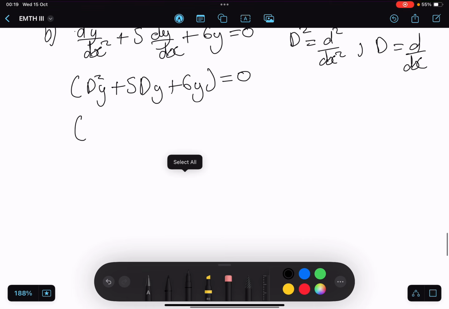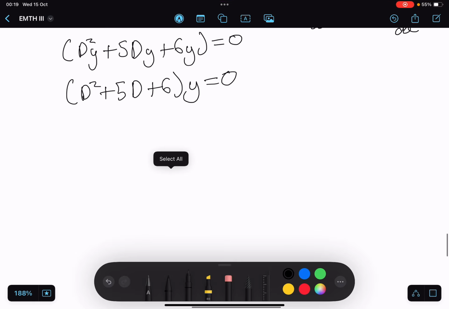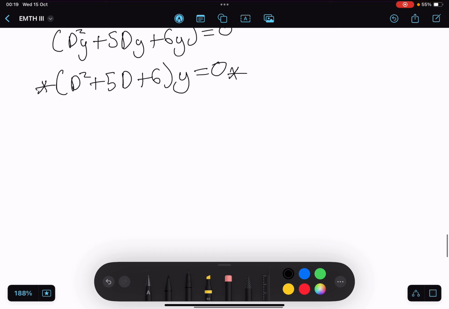And then if we factor out y, we are going to have (D² plus 5D plus 6)y is equal to 0. So from here we can deduce our auxiliary equation. Where there is D, we substitute it with m. So m² plus 5m plus 6 is equal to 0.